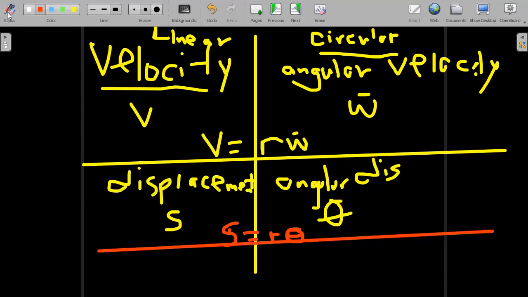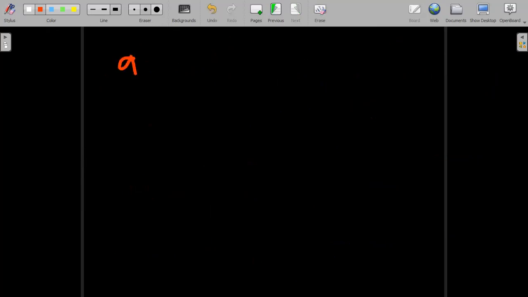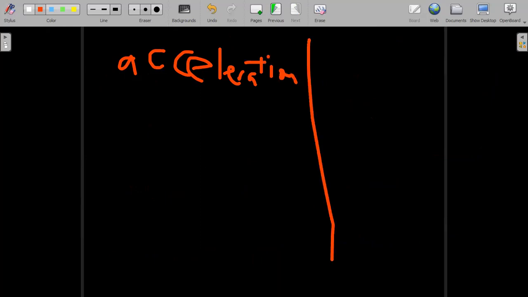The last part, acceleration. Acceleration is just a small letter a.